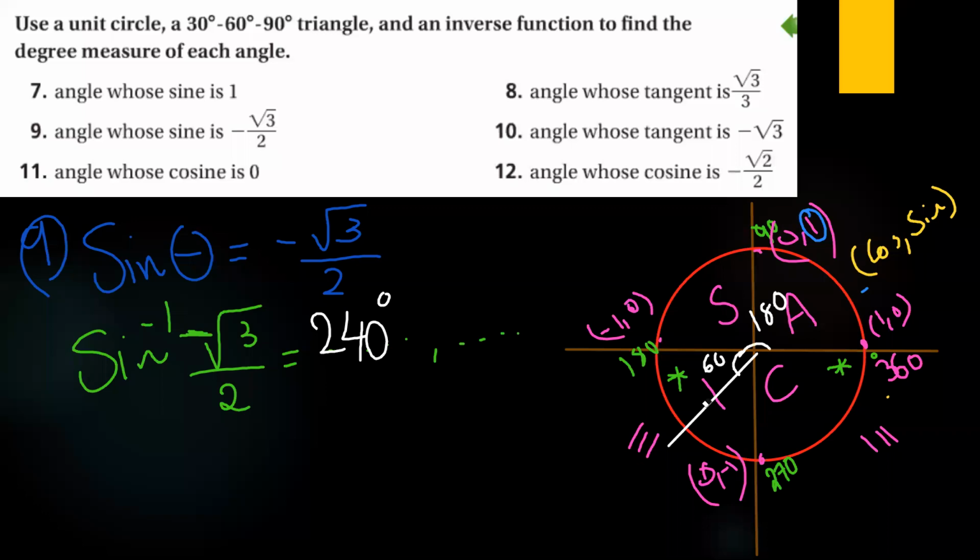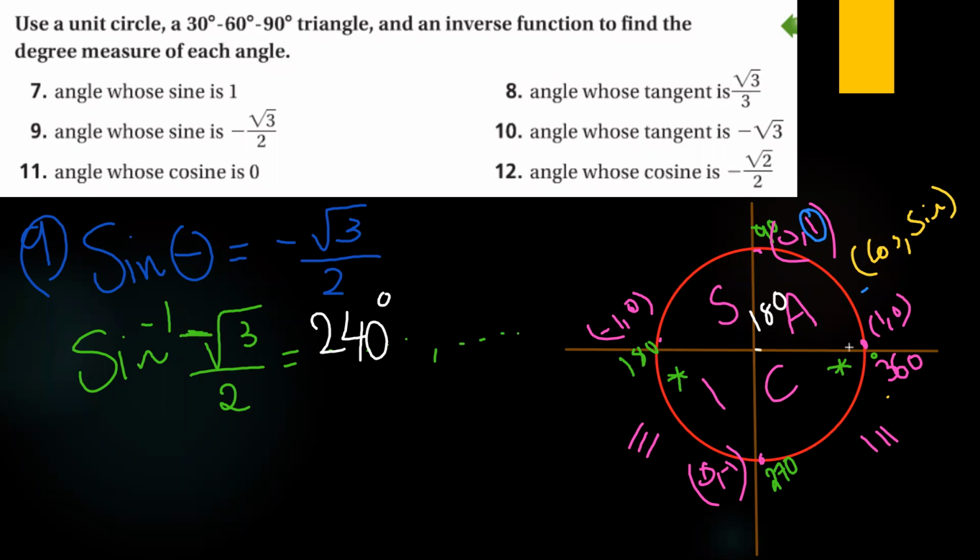Now let's see the second angle. Let's see how. I have to do the same steps, but now I am in quarter 4. In quarter 4, where's the nearest x-axis? It is the positive x-axis.